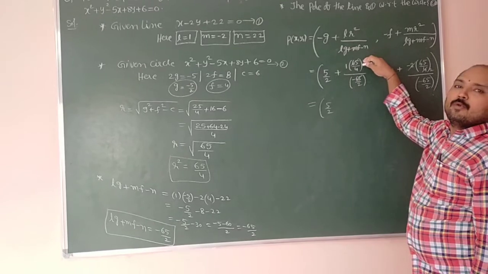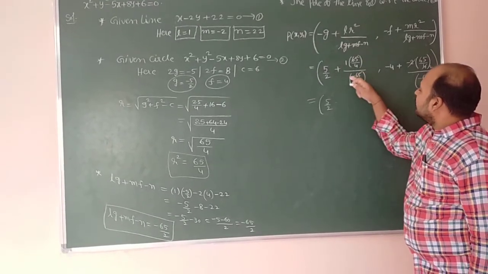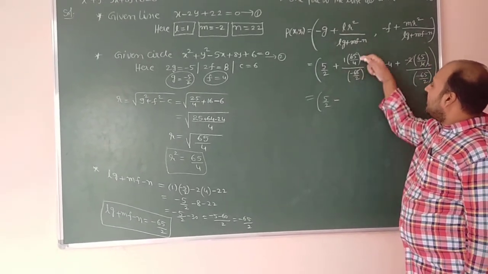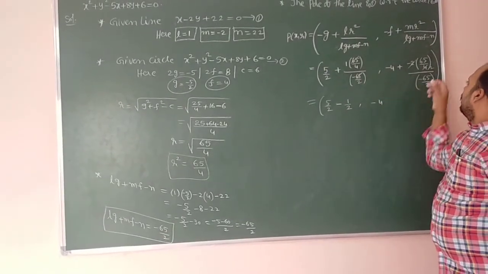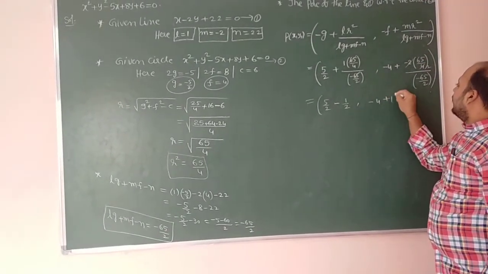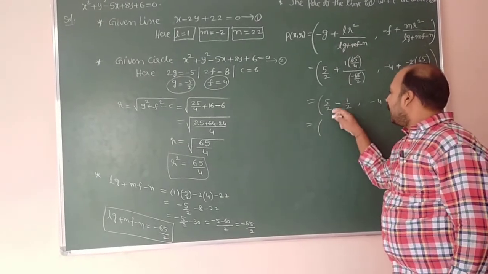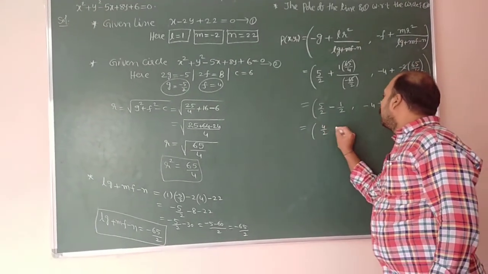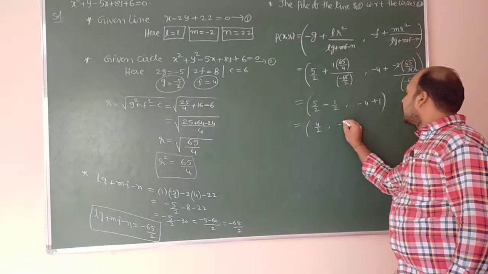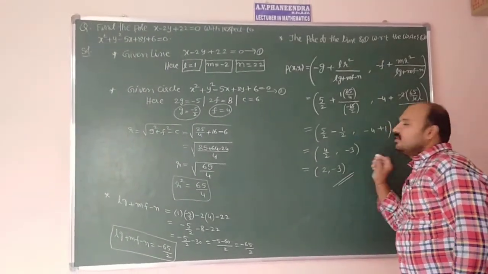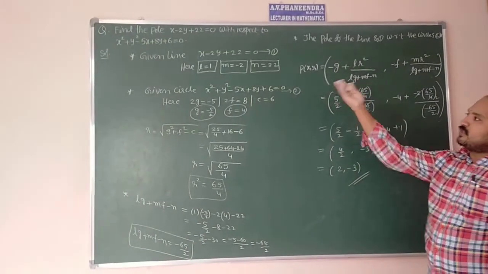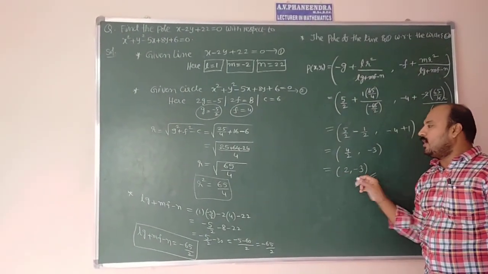Denominator of a denominator becomes numerator. So minus into plus is minus, 2 by 4 will come, it is 1 by 2, comma minus 4 plus 1, which is equal to 5 by 2 minus 1 by 2 is 4 by 2, comma minus 4 plus 1 is minus 3. So 4 by 2 means 2, comma minus 3. Therefore, the pole of the given line with respect to the given circle is (2, minus 3).